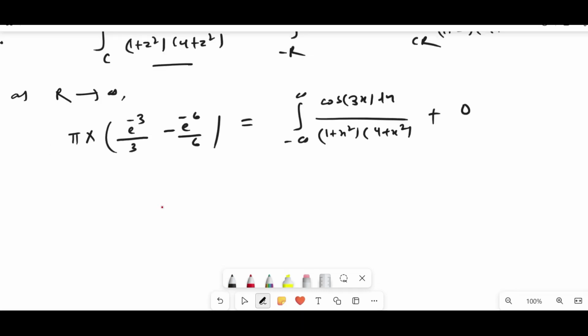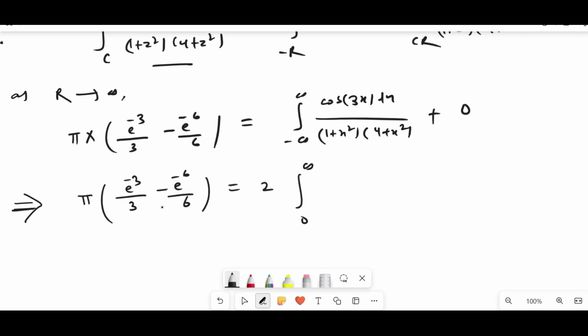Now it implies that pi times (e to the power of negative 3 over 3 negative e to the power of negative 6 over 6) is equal to 2 times the integral 0 to infinity cos 3x dx over (1 plus x square)(4 plus x square).